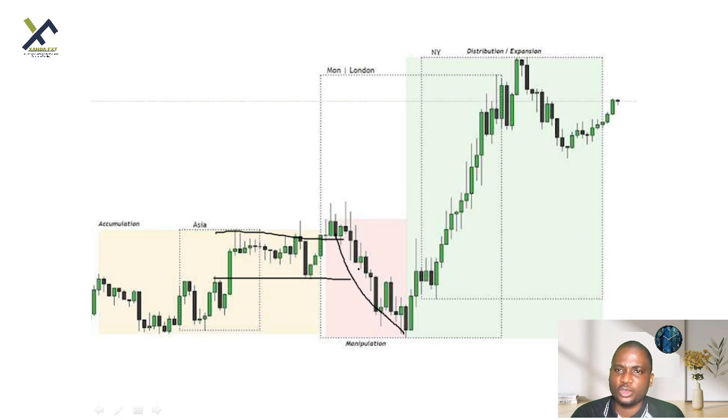My intention candle would be that first bullish candle that occurs after the series of bearish manipulation candles. If you look at it here, these are a series of bearish manipulation candles. At this point is where my intention candle lies. This is the first bullish candle that gives me the original intention of the market.